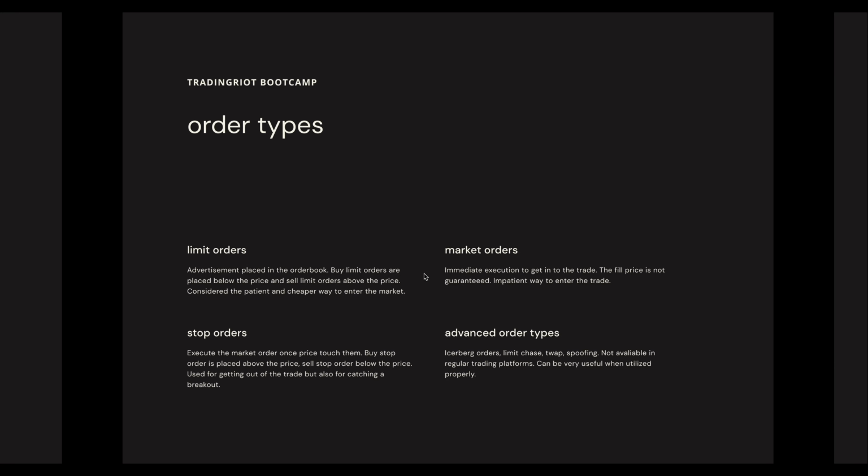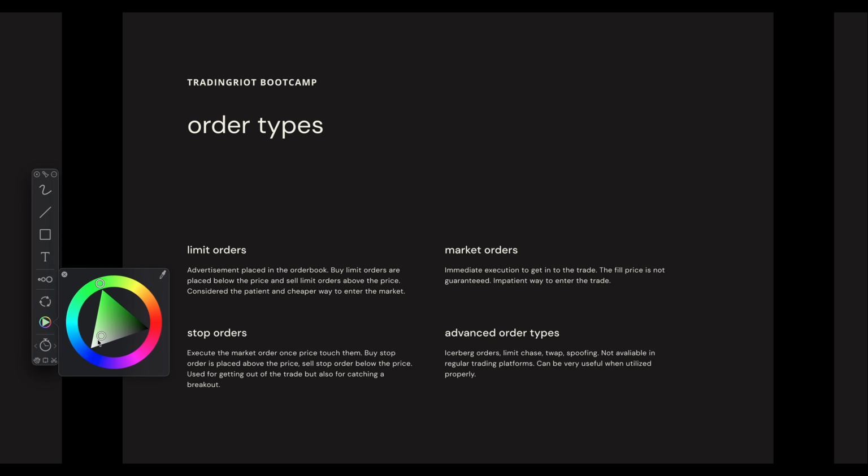Also, there are two more types of stop orders. The stop orders execute the trades when the market touches them, and buy stops are placed above the price and sell stops are placed below the price, which means that obviously they are used as stop orders.